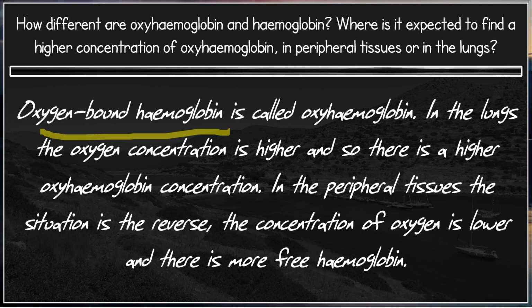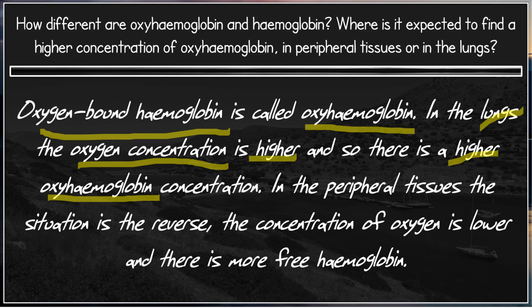Oxygen-bound hemoglobin is called oxyhemoglobin. In the lungs, oxygen concentration is higher, and so there is higher oxyhemoglobin concentration. In peripheral tissues, the situation is the reverse. The concentration of oxygen is lower, and there is more free hemoglobin.